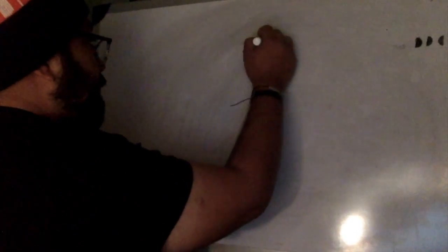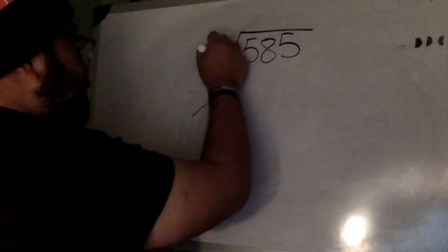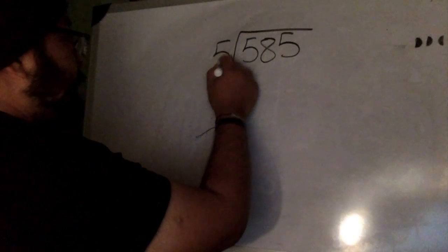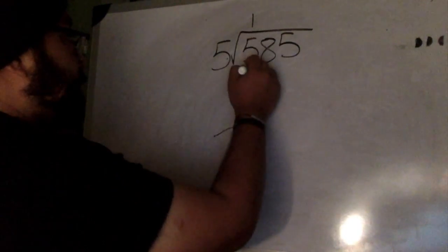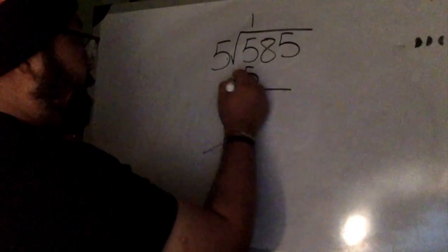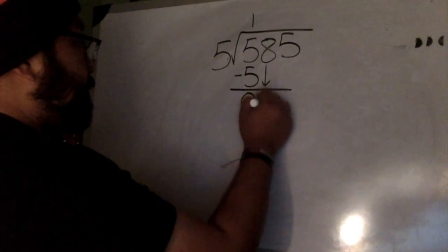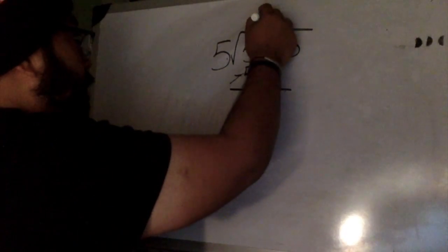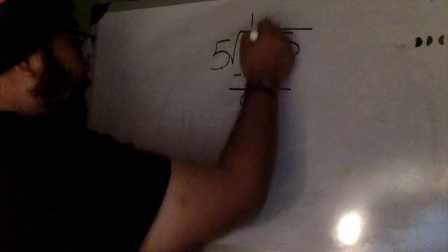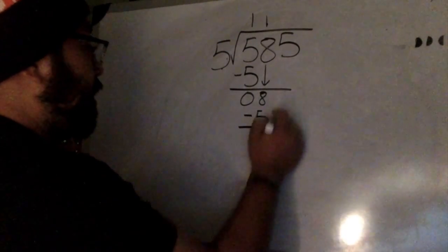This one is 585 divided by 5. 5 times what is 5? 1. 5 times 1 is 5. 5 minus 5 is 0. Drop the 8. 5 goes into 8 one time because 5 times 1 is 5. 8 minus 5 is 3.